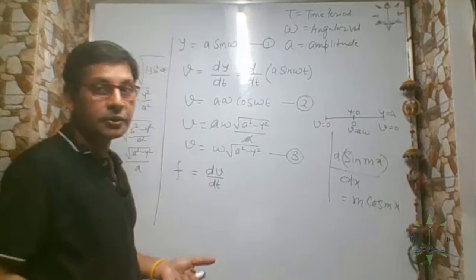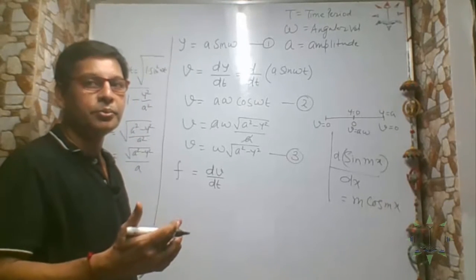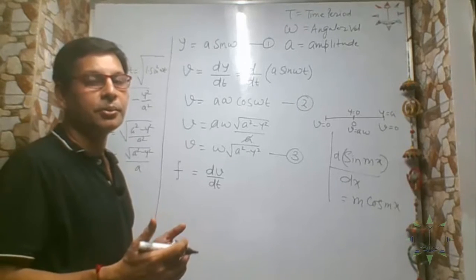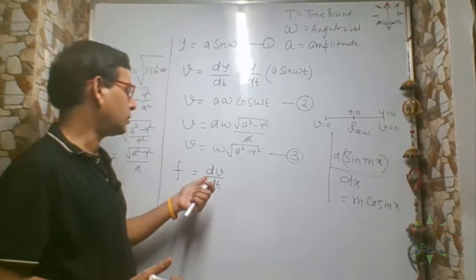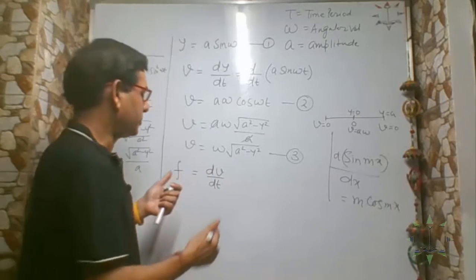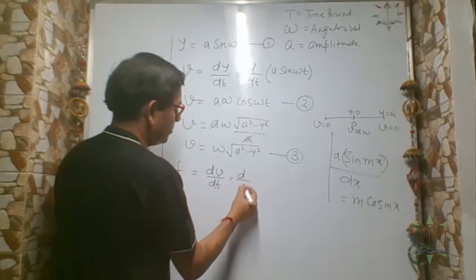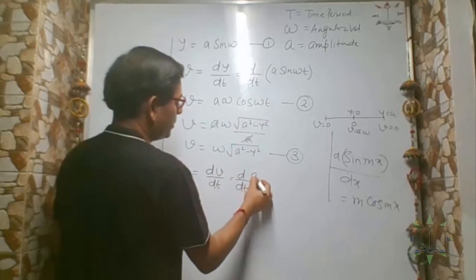Here acceleration is also instantaneous, because at every instant of time velocity is changing, so acceleration will also change. So we cannot take the average. We have to take the instantaneous acceleration. So it is d by dt of velocity. What is velocity? a omega cos omega t.